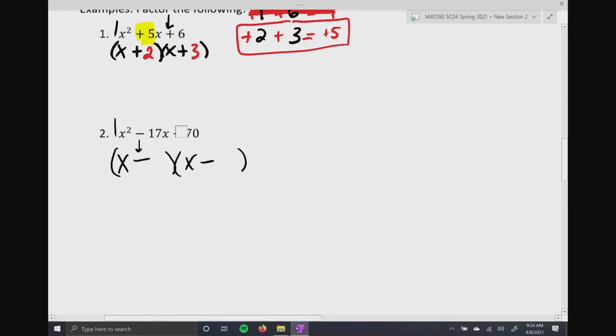So now what we have to do is we have to write out the factors of 70. And I'm going to be 100% honest with you. If you have a hard time finding these factors, here's what you do. Just write a column from 1 to 9. 1, 2, 3, 4, 5, 6, 7, 8, 9.